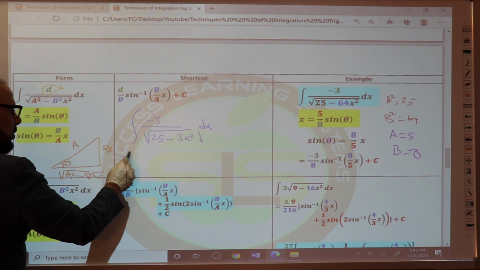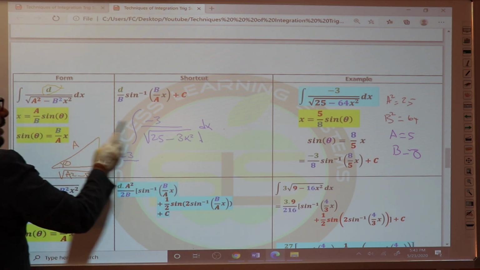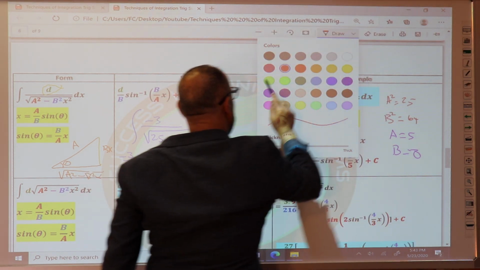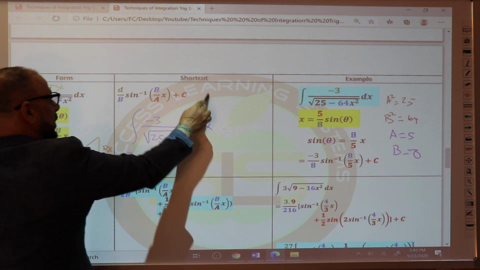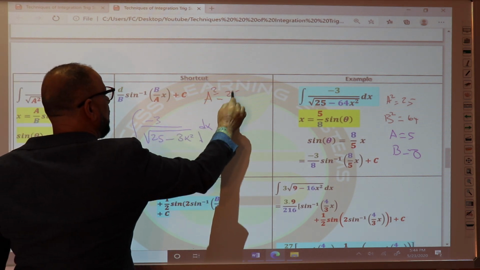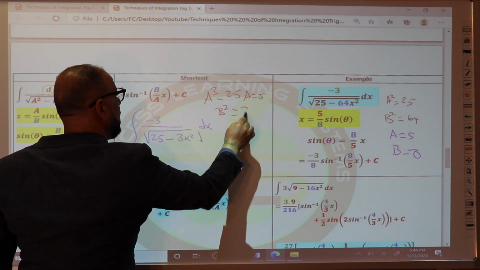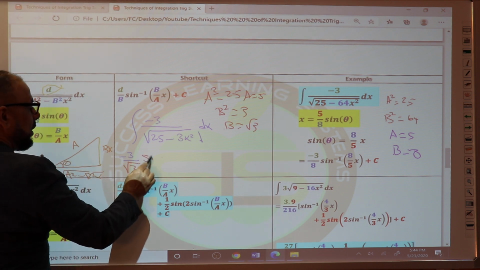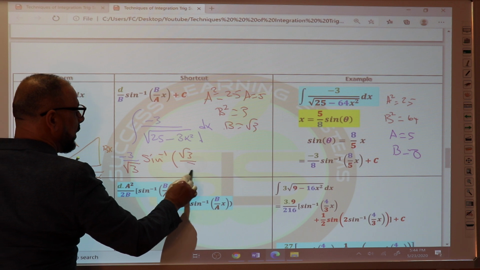Negative 3 over b, which is the square root of 3. What is b? You see that? a squared equals 25, so a equals 5, and b squared equals 3, so b equals the square root of 3. So we have sine inverse of the square root of 3 over 5 x plus c.